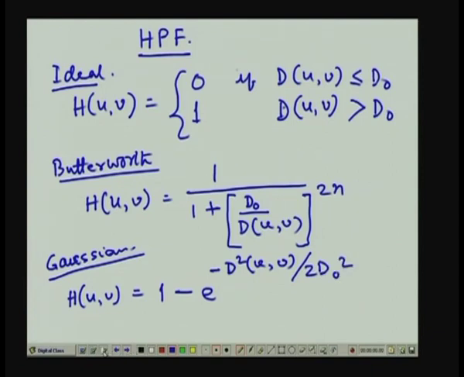And you find that in all these cases, the frequency response of a high pass filter, if I write it as H_hp, is nothing but 1 minus the response of a low pass filter.